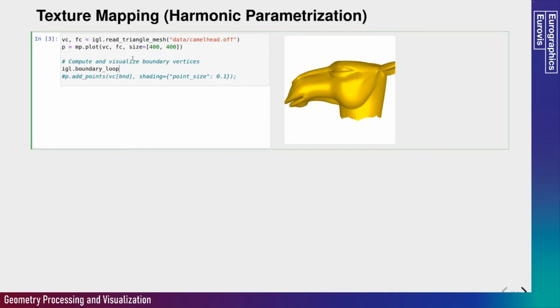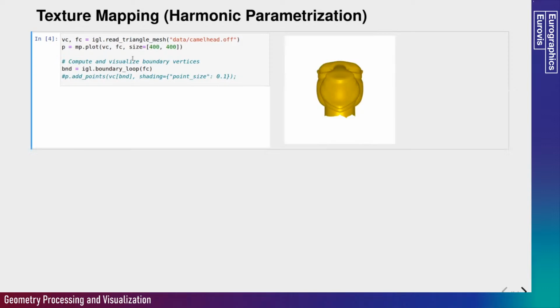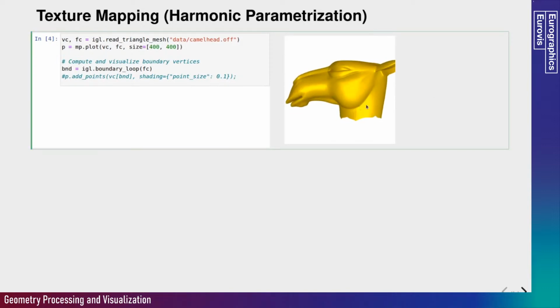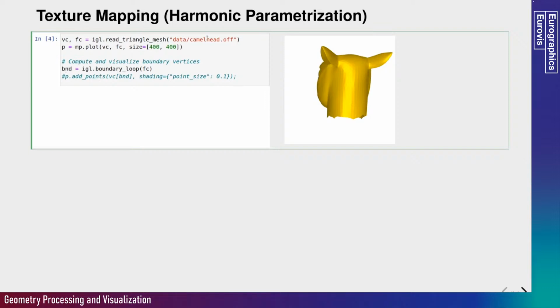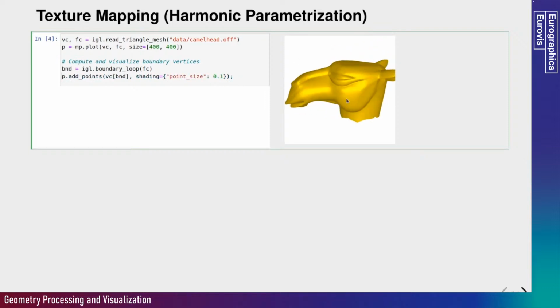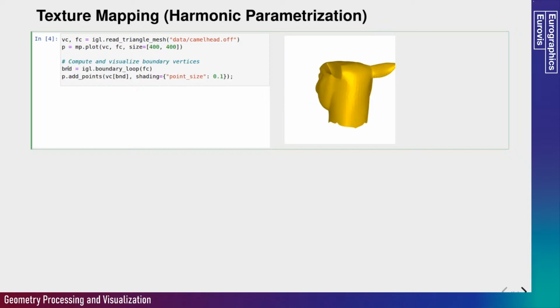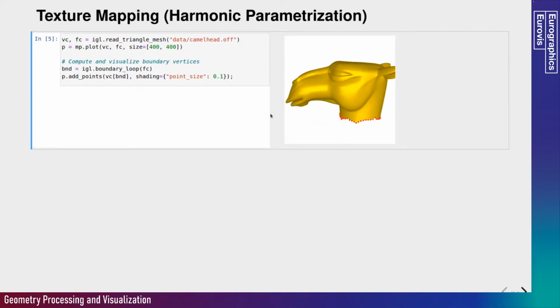So we just call boundary loop on our faces, and we get back our indices of the boundary vertices. If we call this, we have the indices in this BND variable, and we can now add points to visualize and see if these are actually the right boundary vertices here. And as these are indices here, we just use them to index into our vertex coordinate array and add those as points. And if we do this, we see that we just selected all points on the boundary.